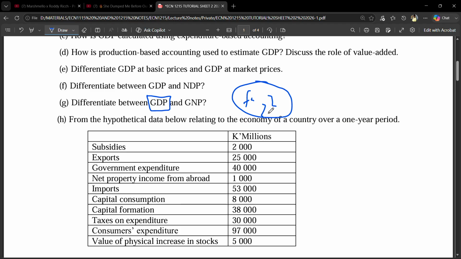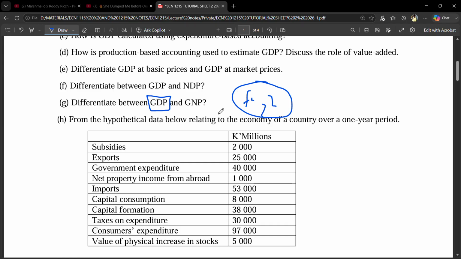GDP is going to calculate all the value of the goods and services that are produced in that area. It includes even the resources of foreigners. It does not exclude. As long as something is being produced in Zambia, GDP is going to calculate it.